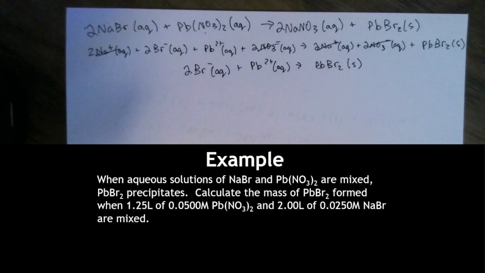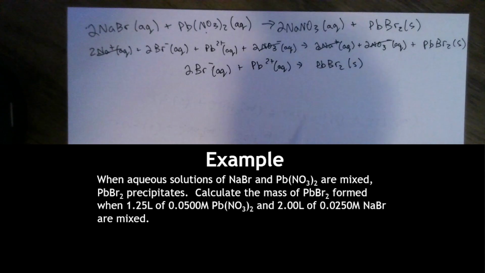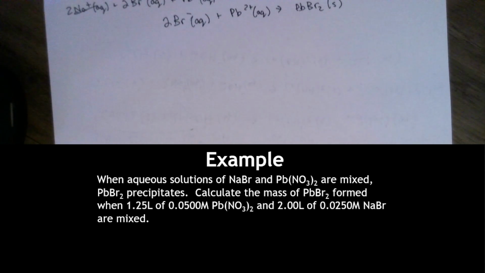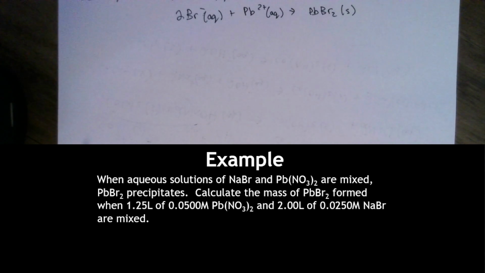Only thing that matters is this reaction. Notice this reaction is fully balanced because it came from a fully balanced formula. 2 Br minus plus Pb2 plus gives you PbBr2. Those are the only things that really matter. That's our actual reaction happening. So we've simplified and gotten rid of a lot of that other stuff, which doesn't matter. We're just going to start with that as our reaction.